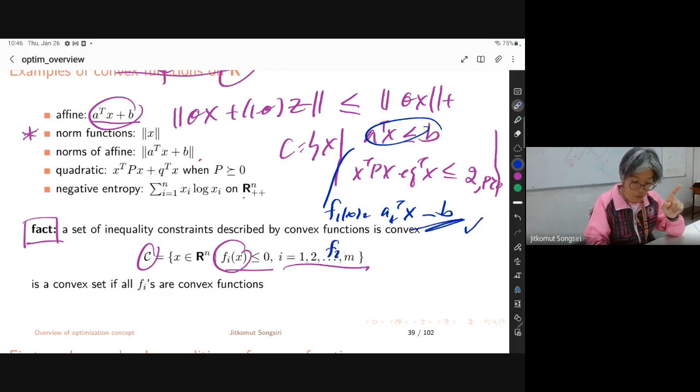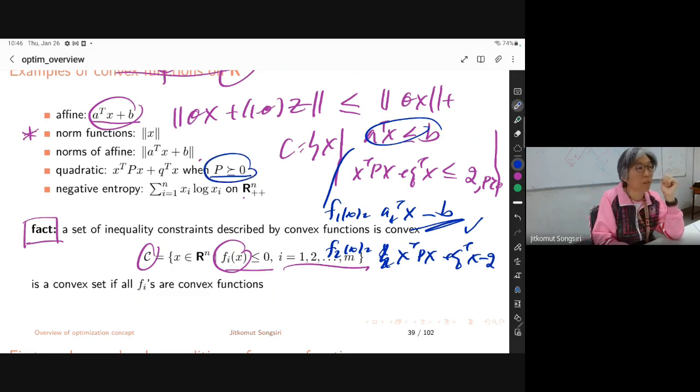My f2 is a quadratic function, and because my P is a positive semi-definite matrix, f2 is also convex.